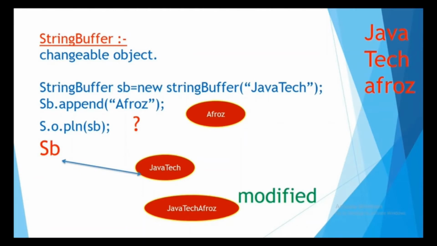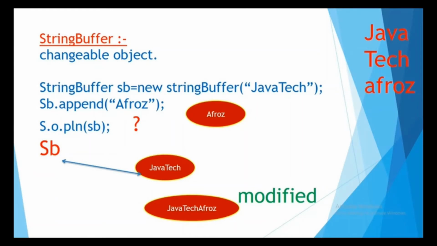Now come to the StringBuffer. StringBuffer is a changeable object. We can change the previous object by appending the new object. Like I'm creating the StringBuffer object, and I'm taking my reference as sb. New is my keyword to create an object, and my object is JavaTech. Now I'm appending Afros with JavaTech.